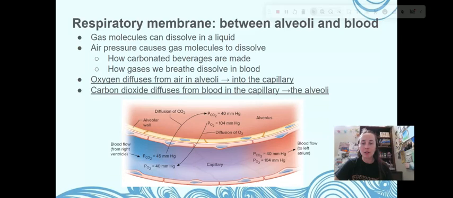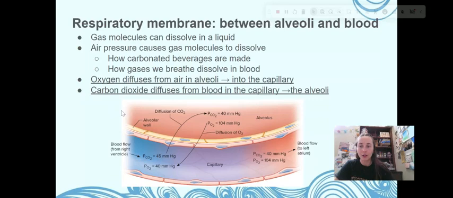Gases dissolve in liquids all the time. That's why your carbonated drink that you open each morning to get your daily fix of caffeine is bubbly, right? We have carbon dioxide dissolved in that liquid. If you've ever had a nitro cold brew, that coffee has nitrogen dissolved into it. That's what changes the texture.